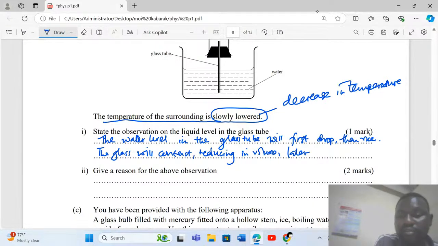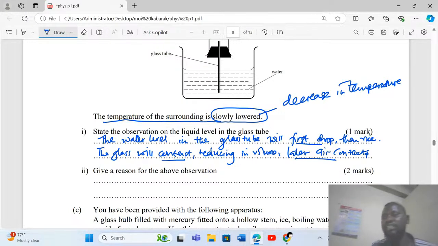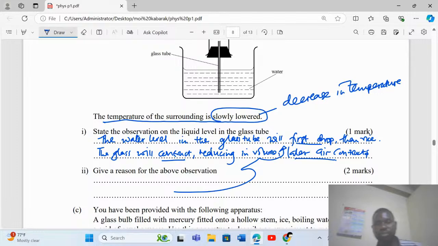Later, air contracts. So once the glass contracts, it will force the water to drop. And then once the air inside contracts, it means that it is creating some space for water to rise up. Give a reason for this observation. I think that is what you're supposed to do.